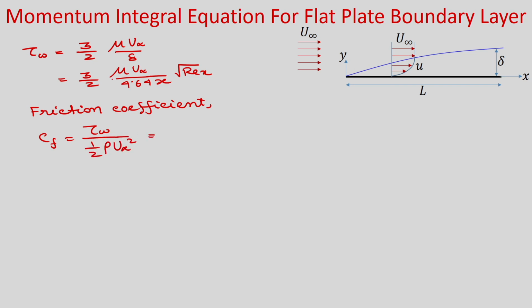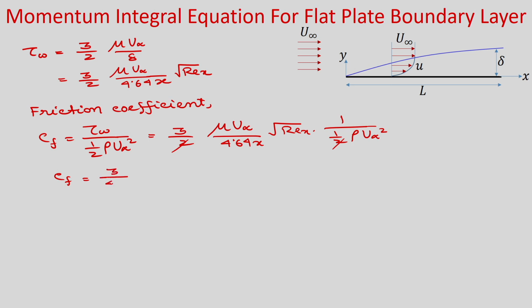If we put it here, we will get 3 by 2 mu u infinity by 4.64 x root Re_x, and we have 1 by half rho u infinity square. So, these 2 will get cancelled.